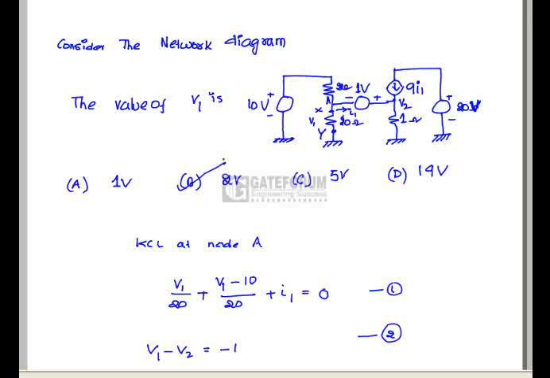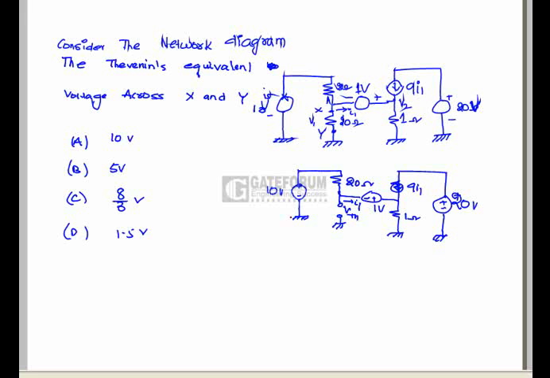In order to find out the VThevenin across the terminals XY, apply the KCL at node A, that is (10 minus VThevenin) divided by 20 equals to I1.